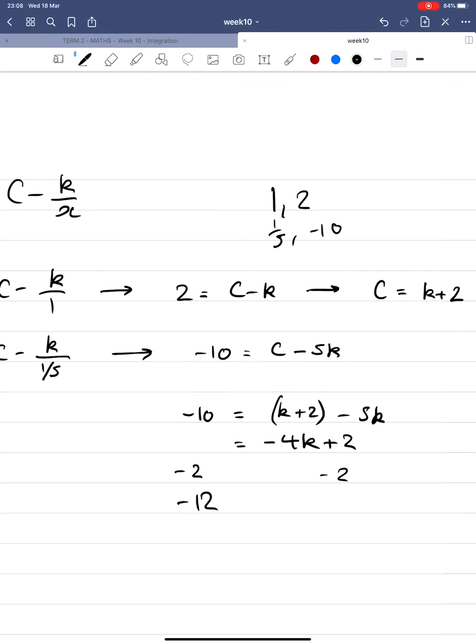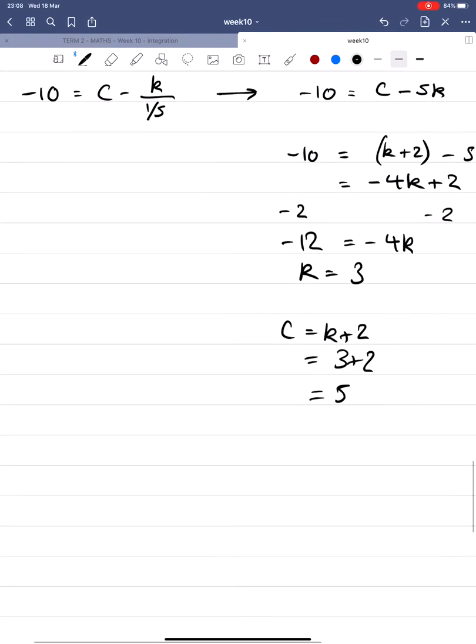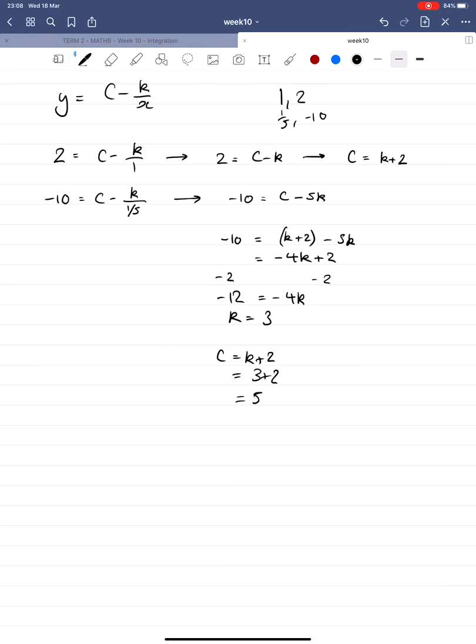So I've now got minus 12 is equal to minus 4k, and then divide by minus 4, I get k is equal to 3. And then since c is equal to k plus 2, that's equal to 3 plus 2 is equal to 5, which means my y of x is equal to c is equal to 5, k is equal to 3.